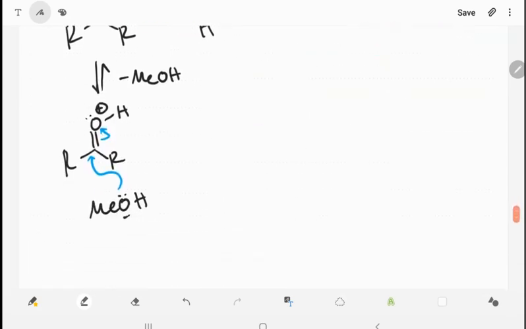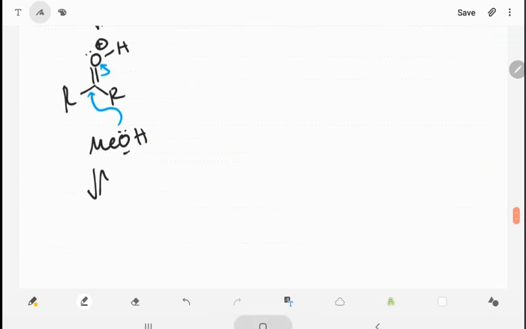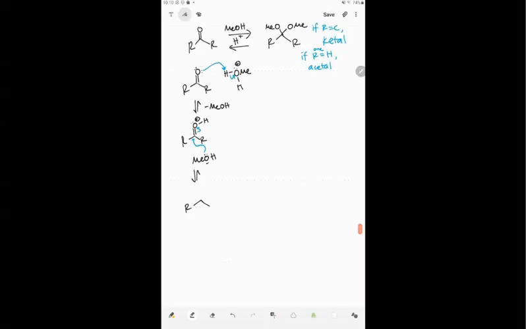I think I'm going to go down a little bit more because we have 7 steps for this. And in fact, here, I'll make it a little bit easier, maybe, if I do it this way. So we now have our methanol having attacked the carbonyl. So we have this species present now.